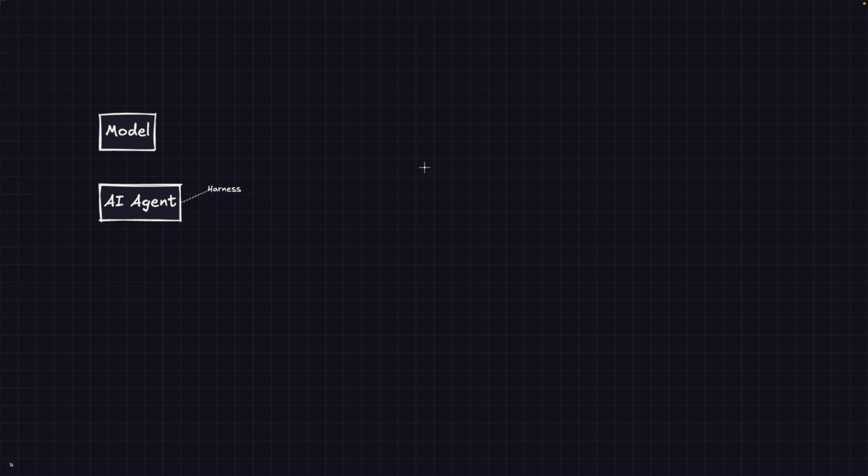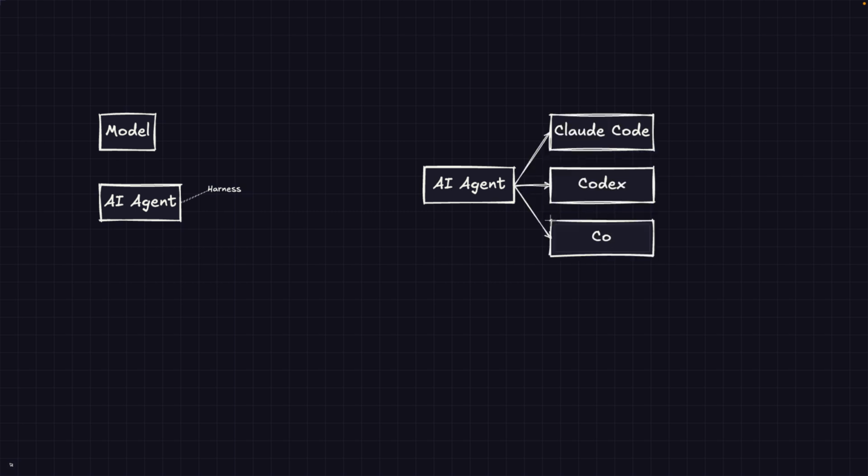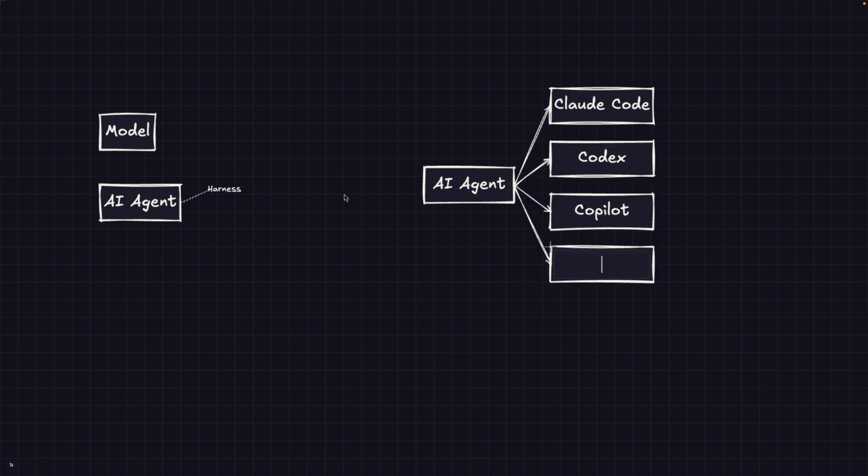Okay, so we have the AI agent, and some examples include Claude Code. We also have Codex, Copilot or GitHub Copilot, and OpenCode. These are some examples of AI agents that we use for coding. People also call them coding agents.